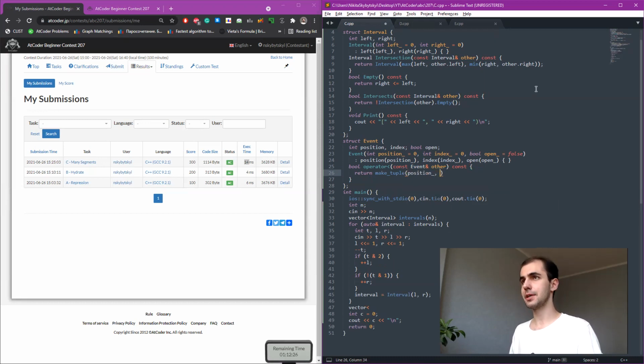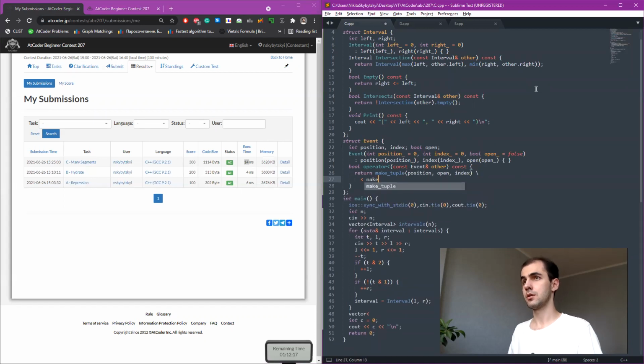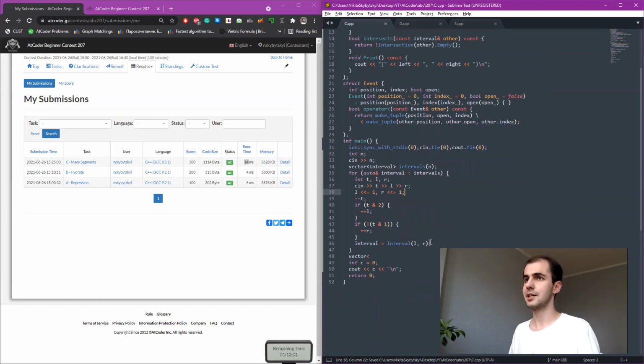So anyways, we sort by position first, then we sort by whether it's open or not, and then just to make our order complete, we use index. So for any two events we can say for sure that one of them is smaller than the other one, because having complete predicates is good in general.